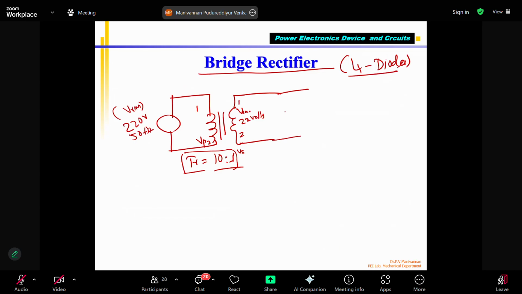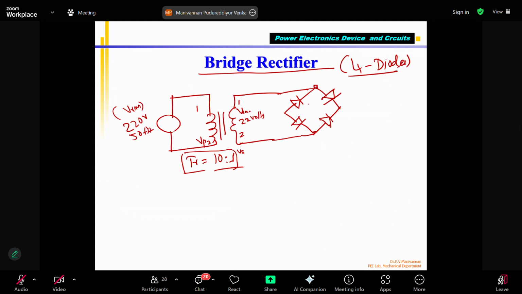This is the diagram. Bridge rectifier. Okay, so please see the bridge rectifier has 4 arms like a Wheatstone bridge.